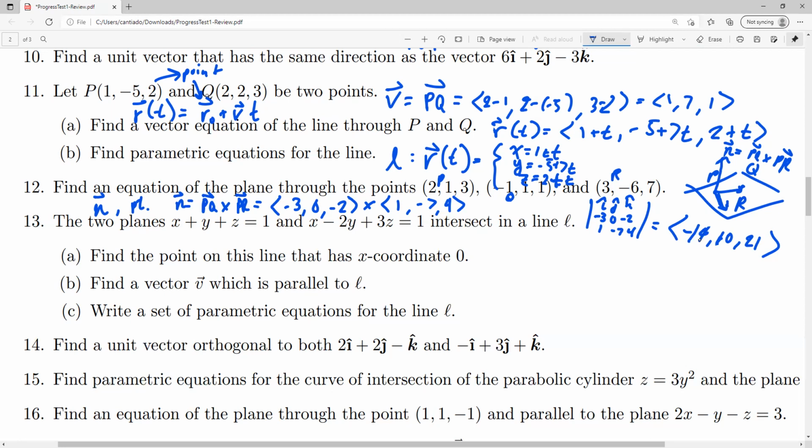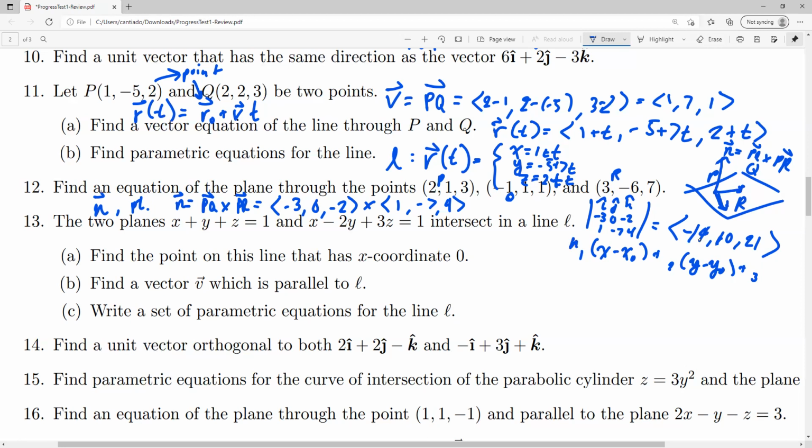And now that we have the normal vector, we can just plug it into this form. The equation of the plane will be n1 times x minus x naught plus n2 times y minus y naught plus n3 times z minus z naught, all equal to 0. These are n's because this is the normal vector.